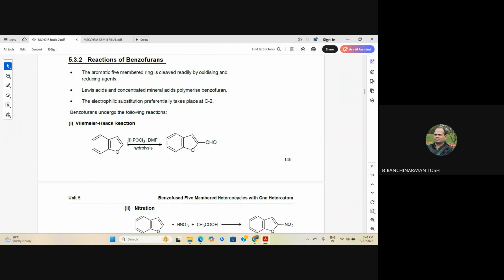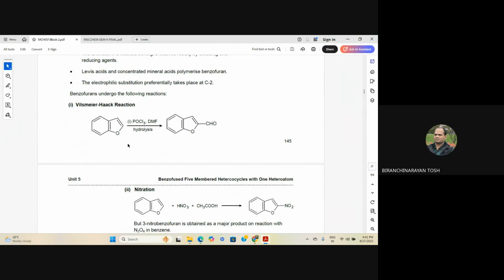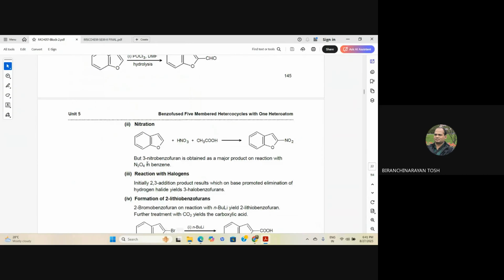First reaction, the Vilsmeier-Haack reaction with phosphoryl chloride, or phosphorus oxychloride, and DMF, upon hydrolysis will be converted to benzofuran carbaldehyde. Nitration also occurs at the C2 position.